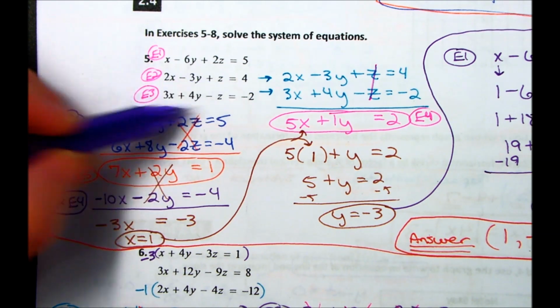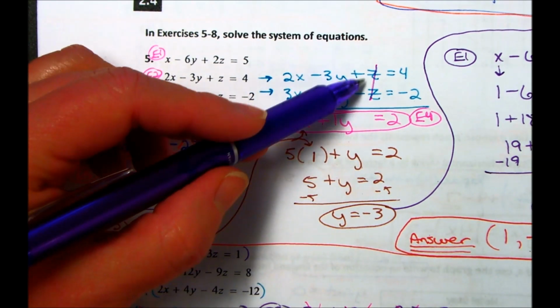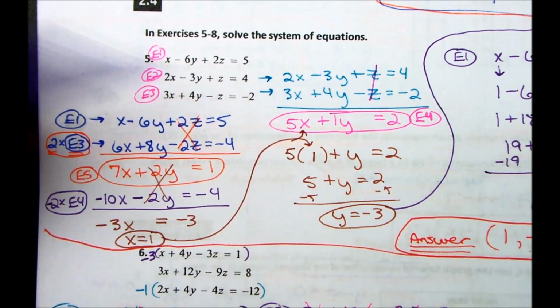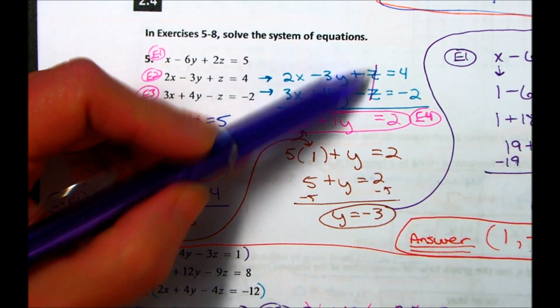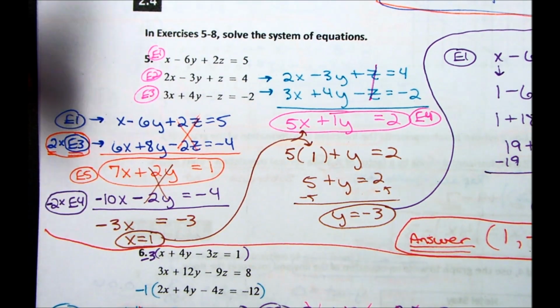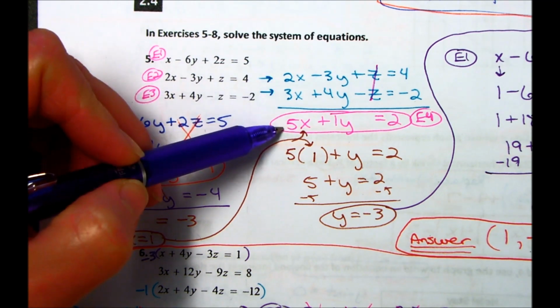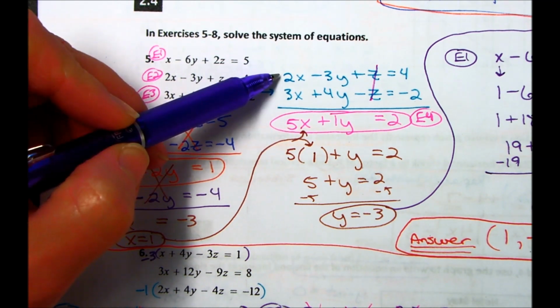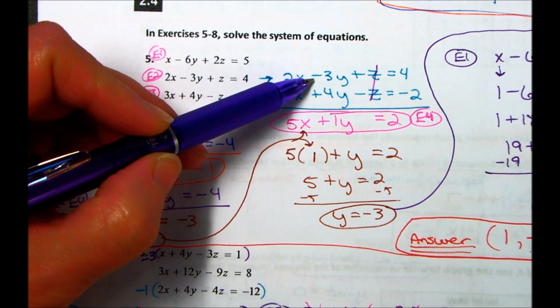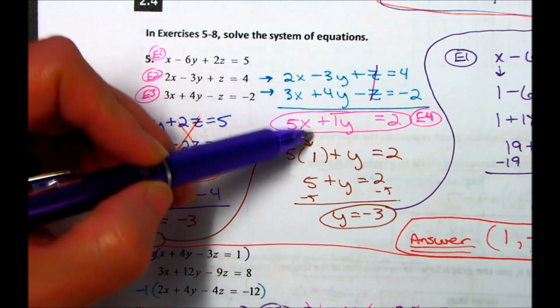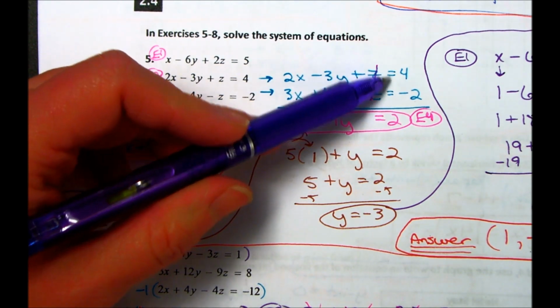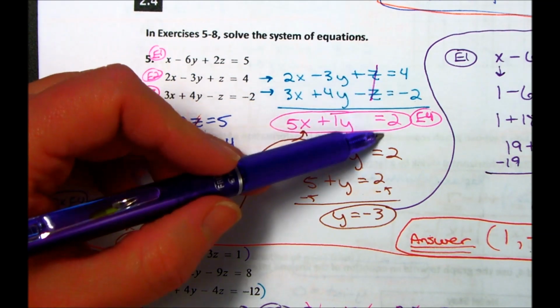So if I take these 2 equations off to the side, the z's will cancel out right away because the positive and negative z added together is 0. Then we add our x terms together, we get 5x. The negative 3y plus 4y is a positive 1y, and then your 4 and negative 2 will equal a positive 2.